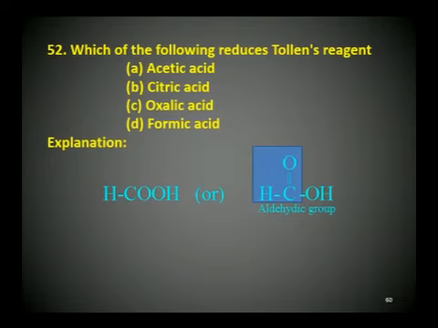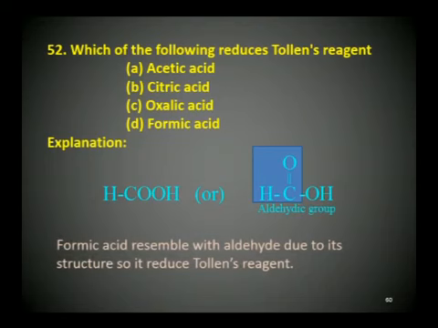Generally an aldehydic functional group is CHO, which will be represented like this, H-C double bond O. Due to the presence of this aldehydic functional group, formic acid will show the reaction with the Tollens reagent. That is, when formic acid is treated with Tollens reagent, a silver mirror is produced. So the correct answer is option D.